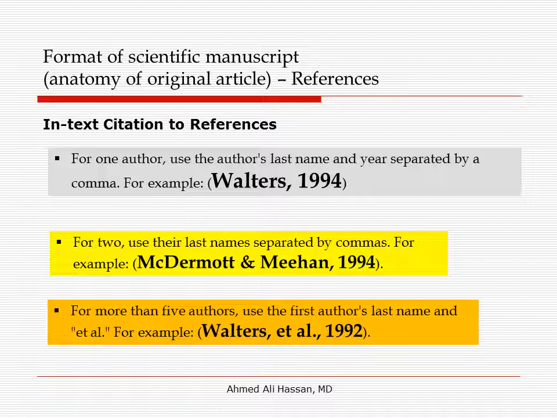If you cite for two authors, you have to mention both, like Mac Demort and Mehran, 1994. And if you cite for more than two authors, you mention the last name of the first one, the senior author usually, and comma, et al, and the date.